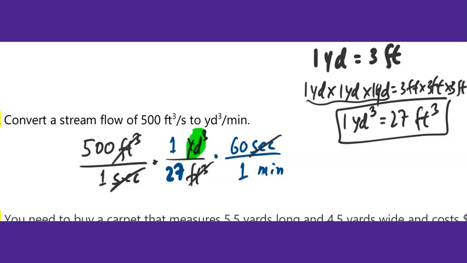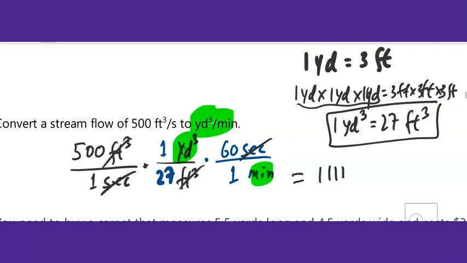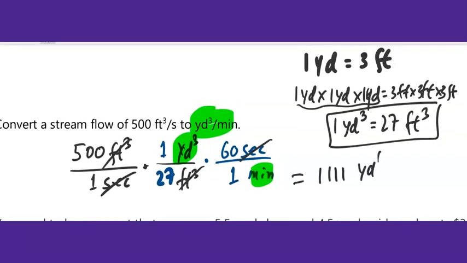The answer is going to be cubic yard per minute. That's what we want. Now, as usual, you multiply all the numbers on the top, multiply all the numbers in the bottom, and you divide. You get the answer, 1 yard cube per minute. We rounded the answer, by the way.